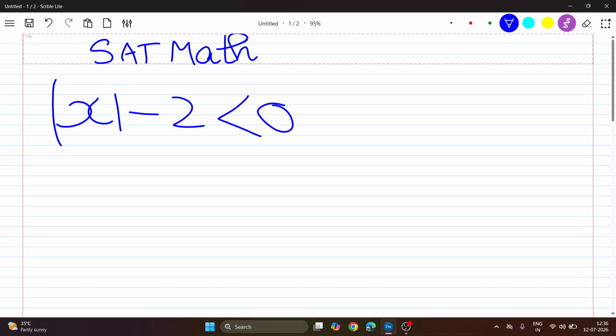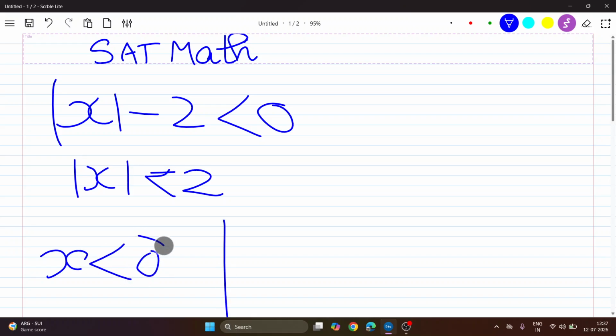So let's say mod of x minus 2 is less than 0. So until you find mod x, you keep on doing it, okay? So mod x is lesser than 2, right? So now you get x is lesser than 2. So x is lesser than 2 and minus x is lesser than 2.